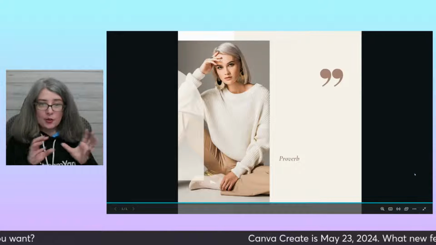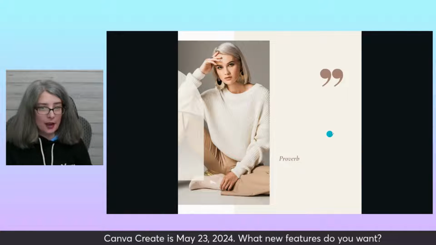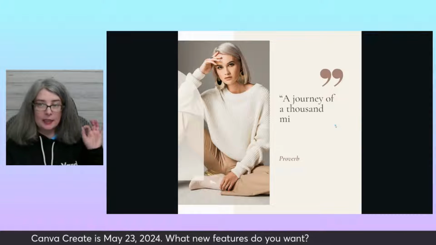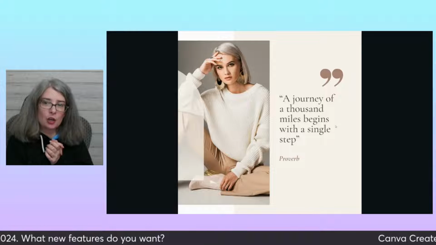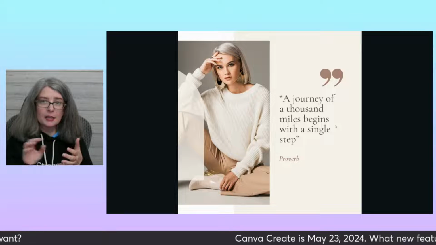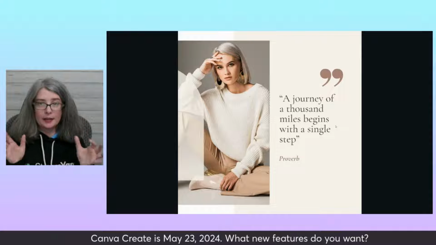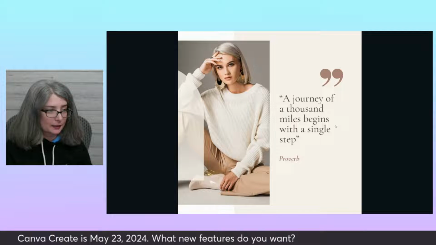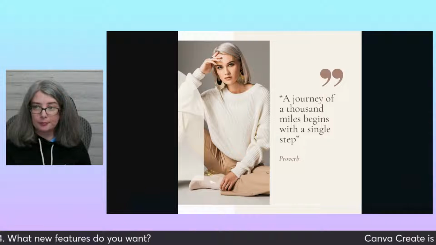Now you're going to notice that quote is not there, but if I hover over it, it will show up. So this would be really good if you're doing a presentation and you want something to pop up a little later and you don't have a timing on it. That would be awesome for that. It's called on-click animation.